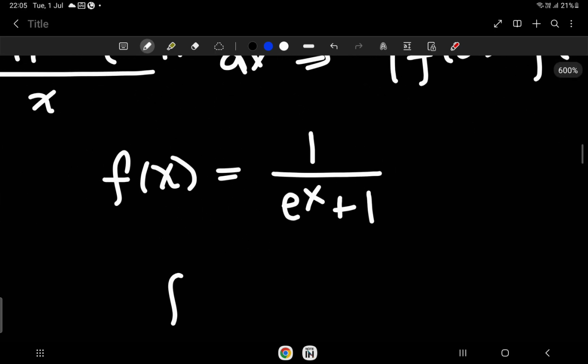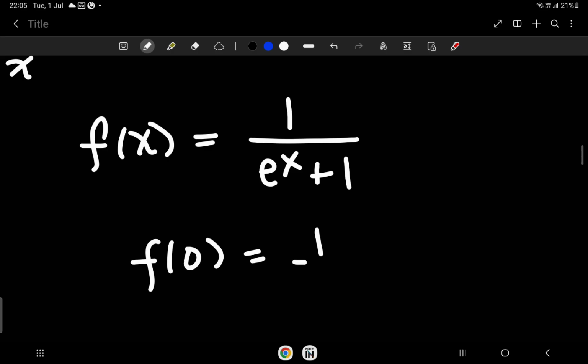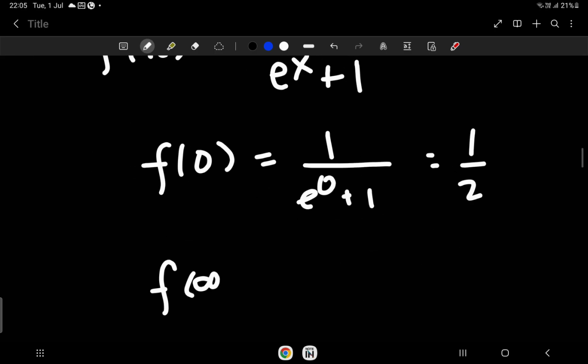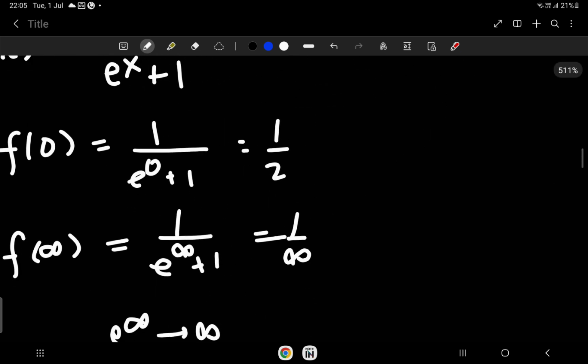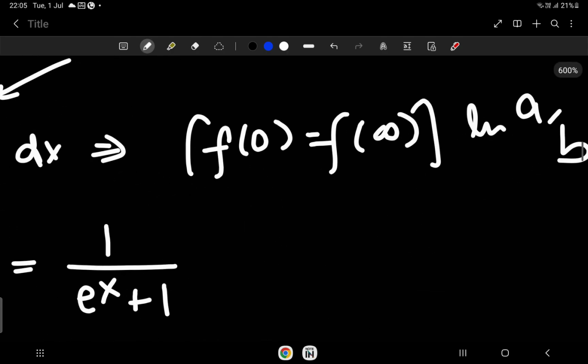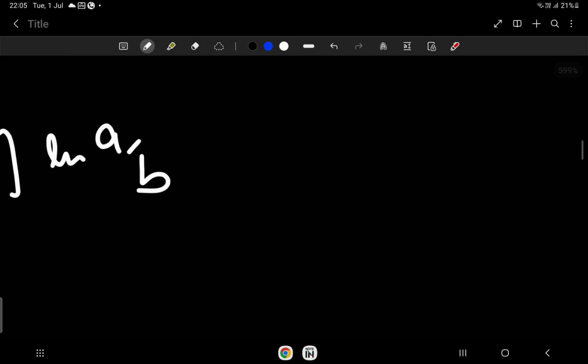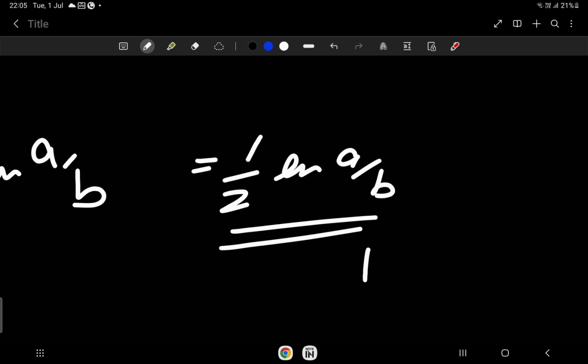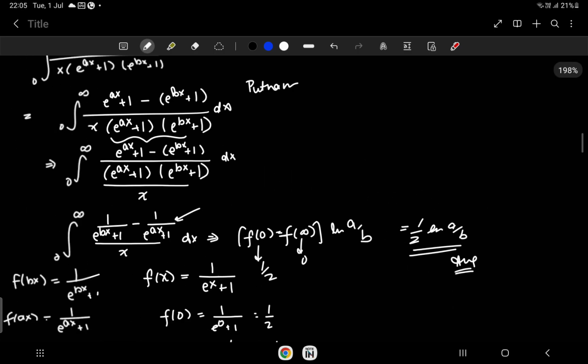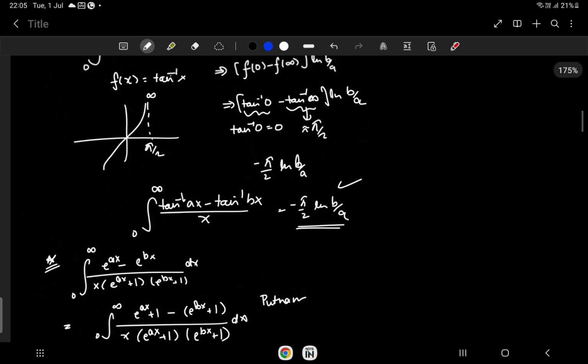So f of 0 is nothing but 1 by 2, and for f of infinity, e to the power infinity tends to infinity, so this becomes 1 by infinity, and that is 0. So this turns out to be 1 by 2 ln a by b. This is the answer using the Frullani's technique.